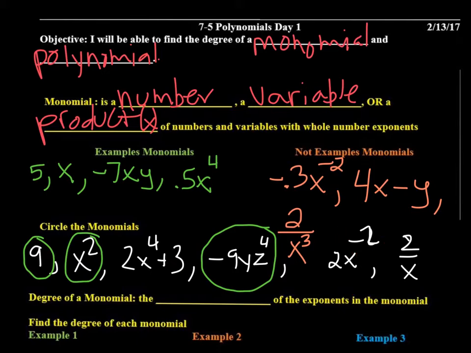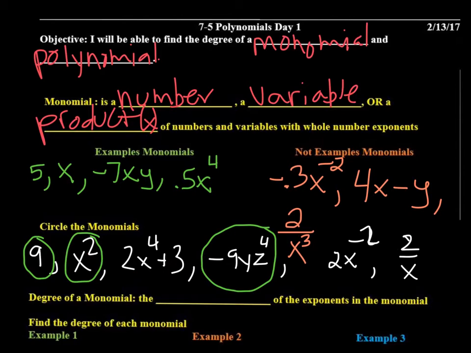It's not a whole number. 2 over x is not a monomial because of the fraction sign here. So that left us with just a number, a variable to a whole number power, and a product here raised to a whole number power.